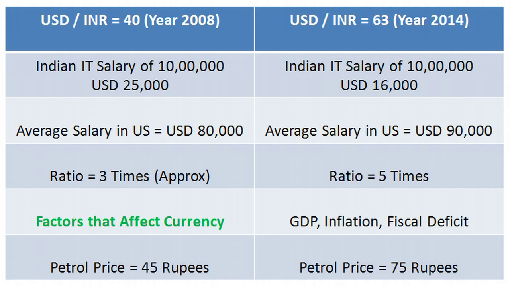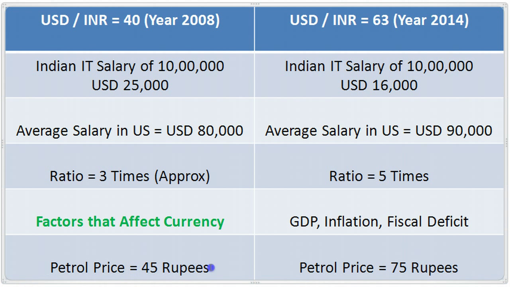In hindsight, while it gives a lot of job security for people working in the software or IT industry, our expenses also go up because the currency has weakened. For example, petrol is imported globally. Whatever the petrol price per liter was, 45 rupees, is today 75.